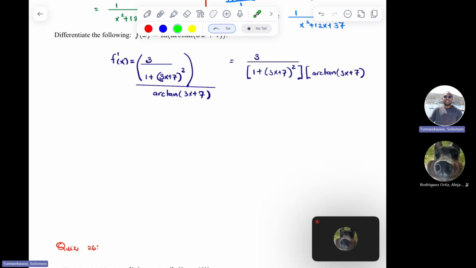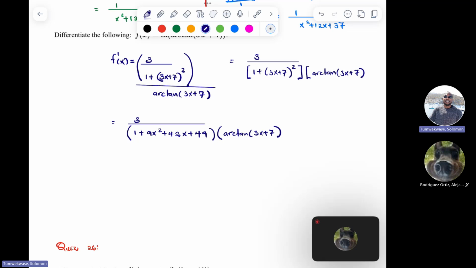You can open up this bracket, and when I open up, this is the same as 3 over 1 plus 9x squared plus 2ab, so that is 2 times 3, which is 6, 6x times 7, which is 42, so 42x, then plus 49, and the whole of this is multiplying with arctangent of 3x plus 7.